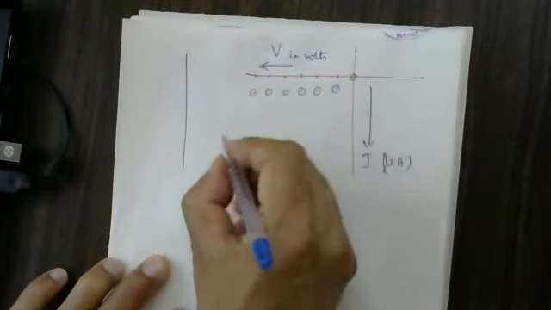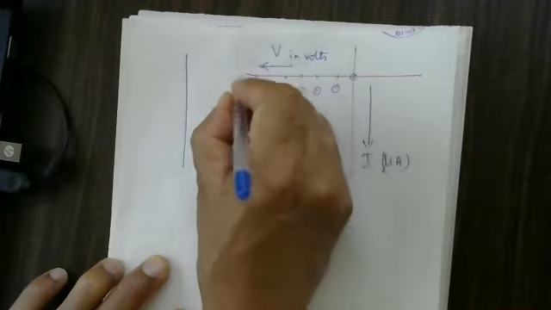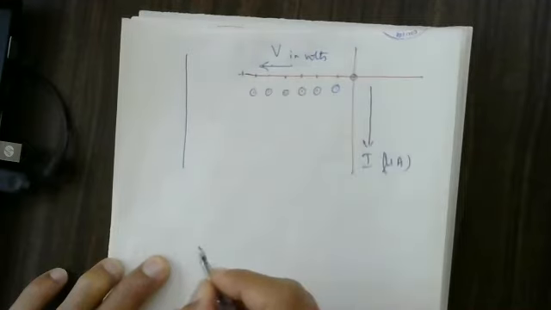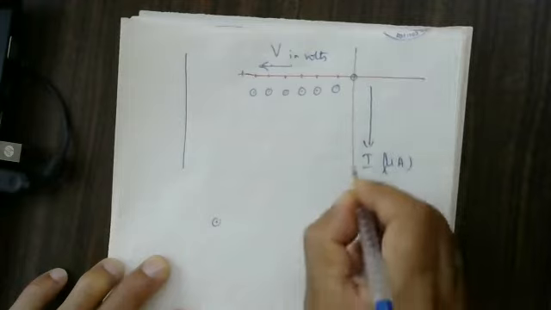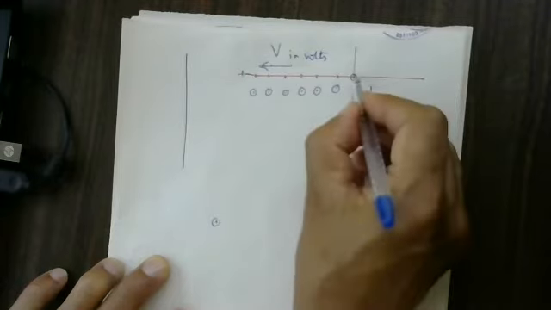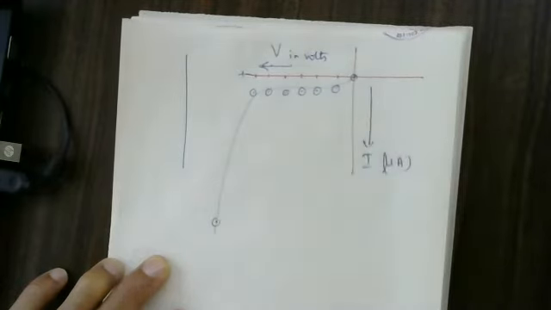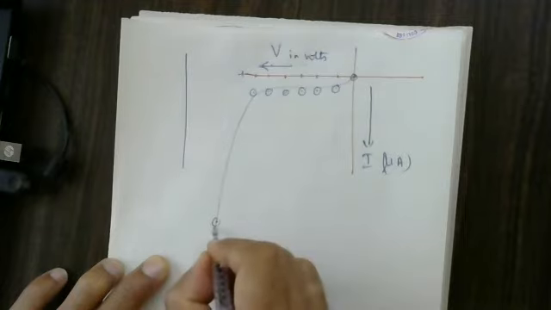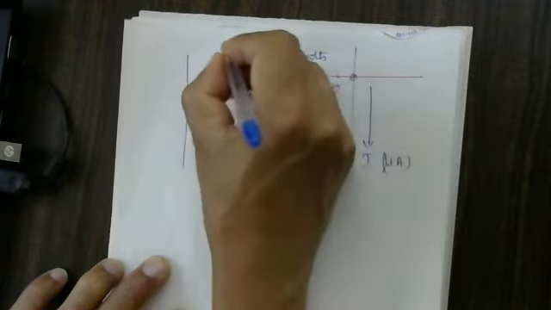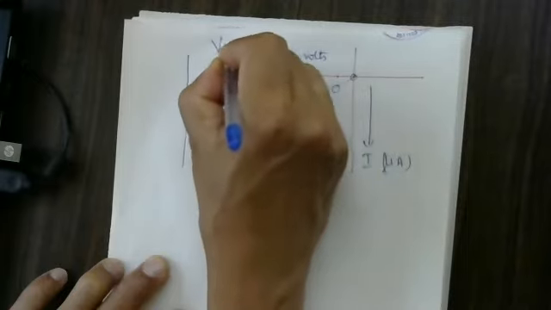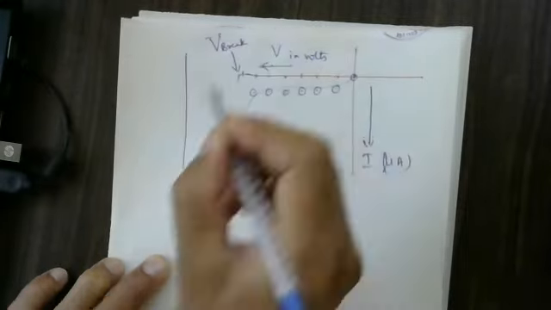For 7, maybe you are going to get somewhere else here. For the 7 volts, you are going to get a larger current. As you are plotting all these, you are going to get a curve like this, and it is shooting up here. Where it is shooting up, this voltage is called the breakdown voltage.